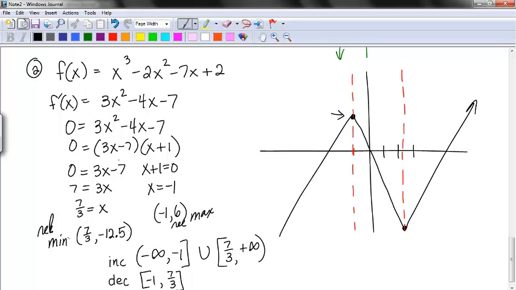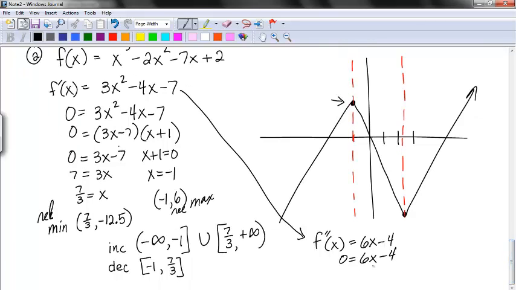Now you do the second derivative. So do f double prime. Go all the way back and take the derivative of the derivative. So this would be 6x minus 4. Set that equal to 0. You can add 4 and divide by 6.